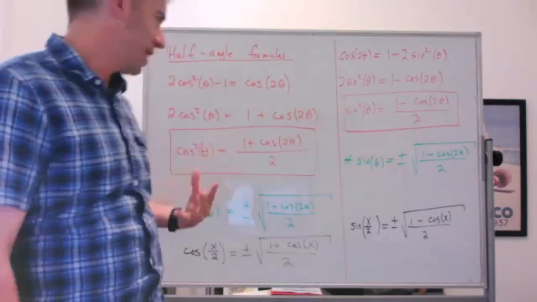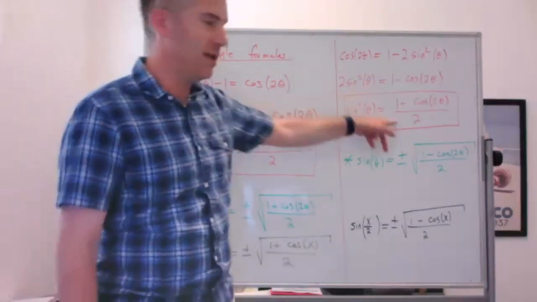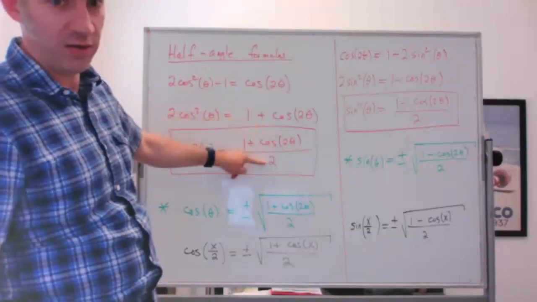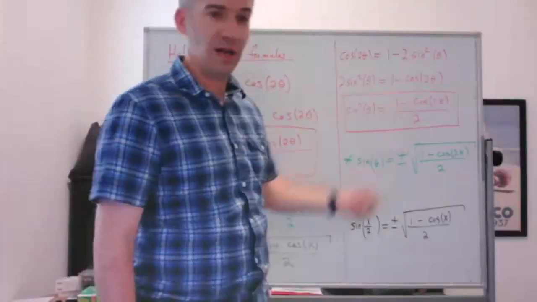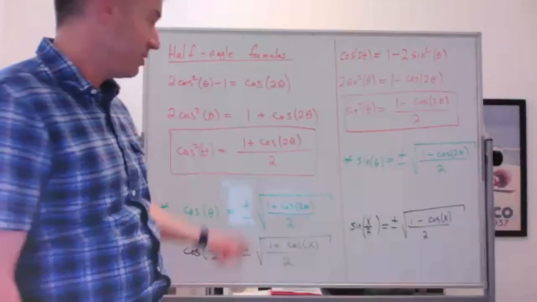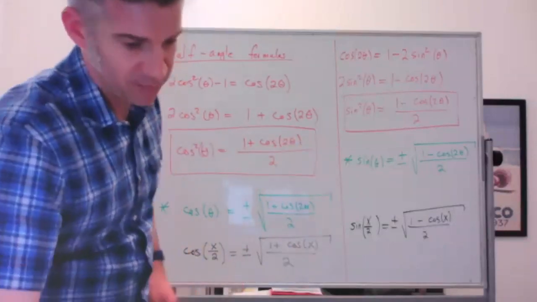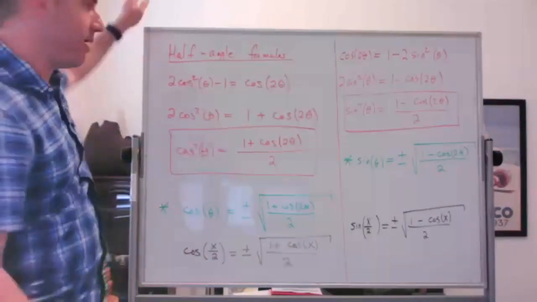If you add those together, you get 1/2 plus 1/2, which is 1, and the positive cosine 2 theta over 2 and the negative cosine 2 theta over 2 cancel out. So these totally do add up to 1, which is kind of neat.